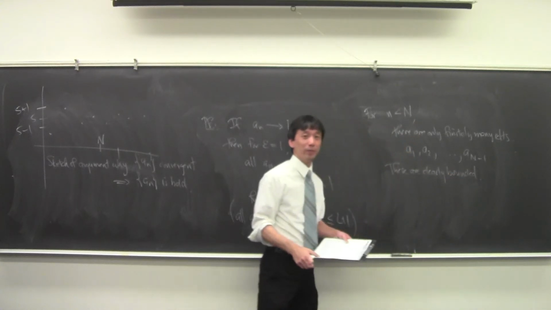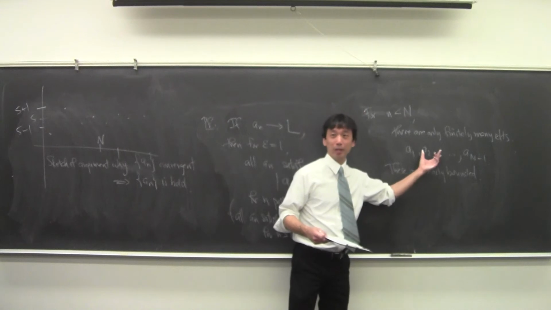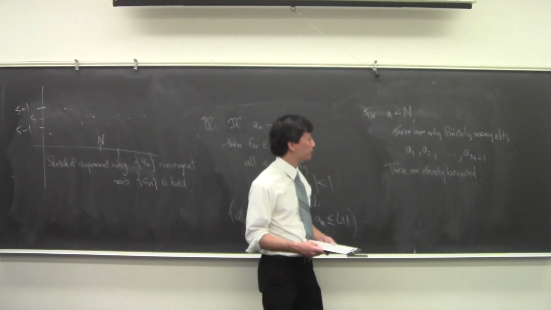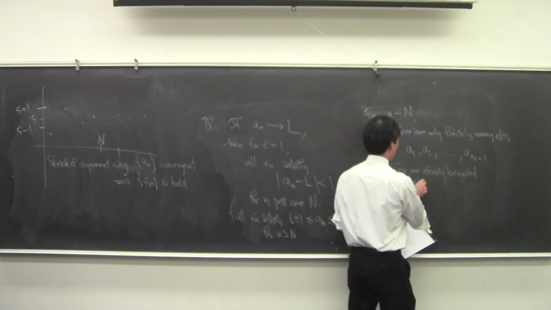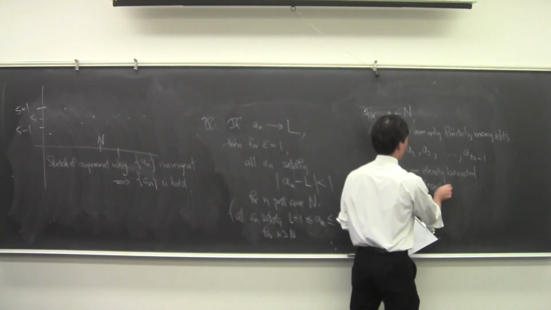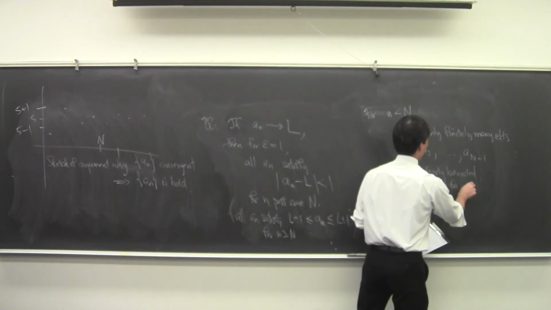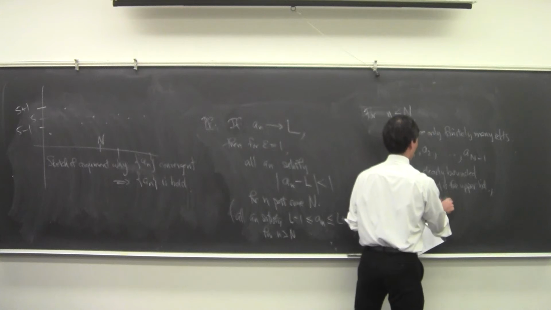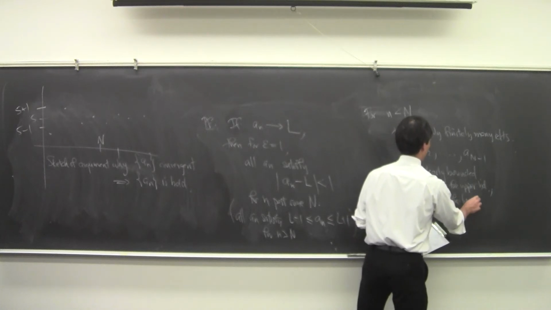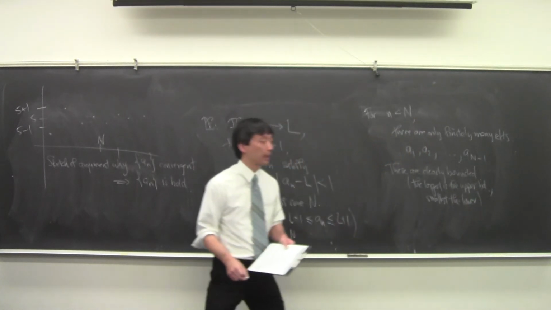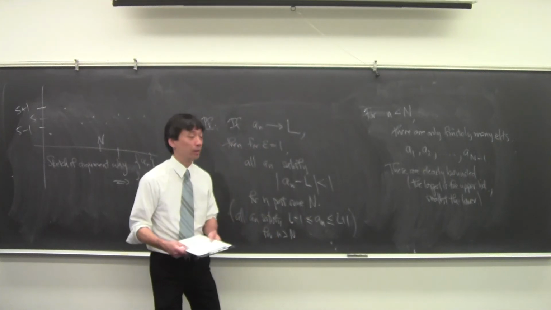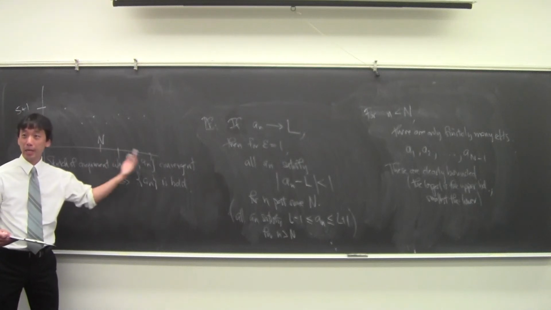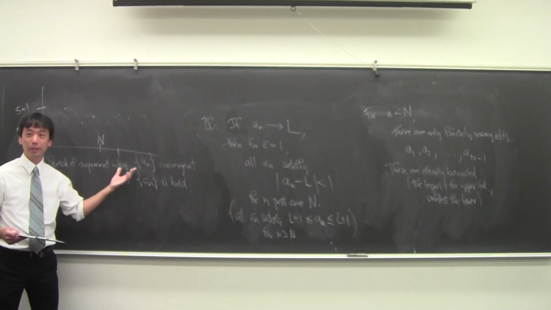They're bounded above and below. Just take the largest one, that'll be your upper bound. Take the smallest one, that'll be your lower bound. The largest is the upper bound, the smallest the lower. So the guys before N are bounded, the guys after N are bounded, so they're all bounded.